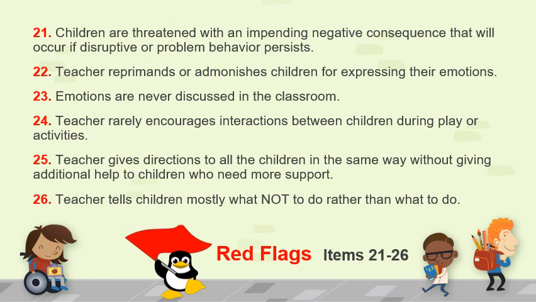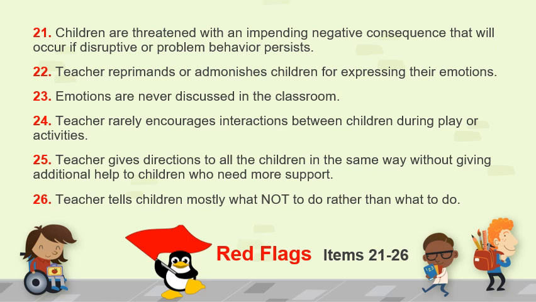21. Children are threatened with an impending negative consequence that will occur if disruptive or problem behavior persists. 22. Teacher reprimands or admonishes children for expressing their emotions. 23. Emotions are never discussed in the classroom. 24.